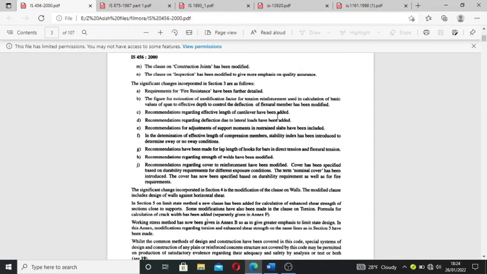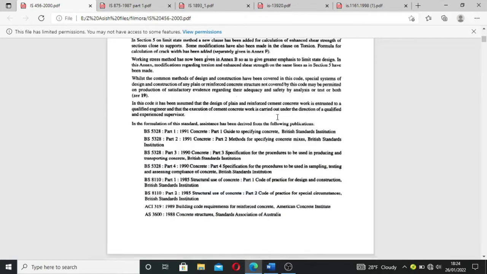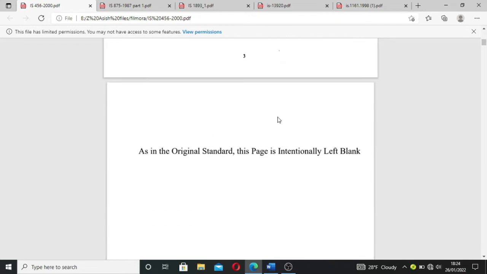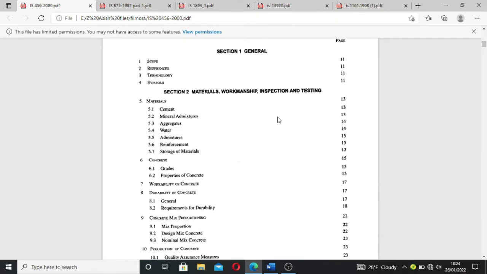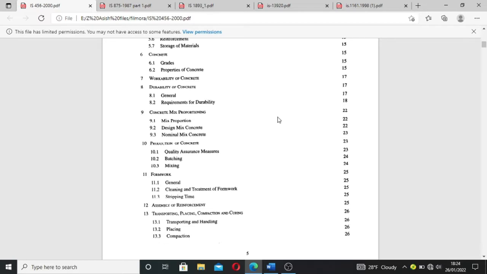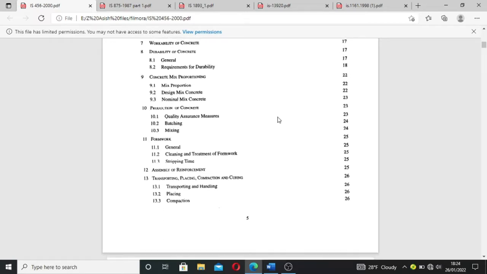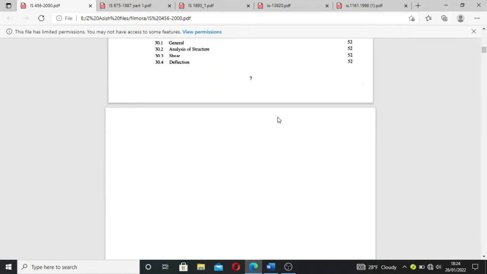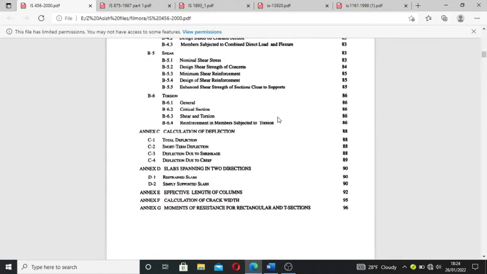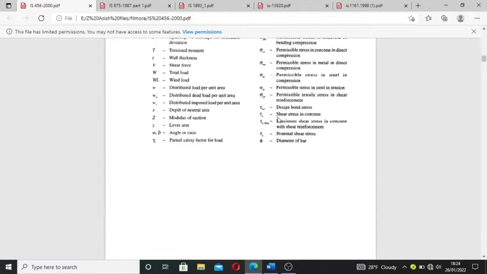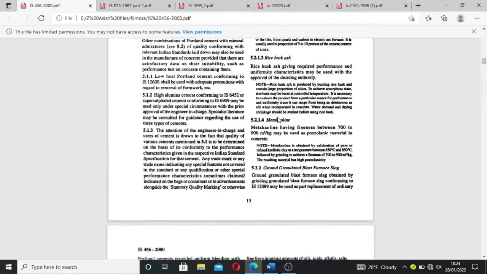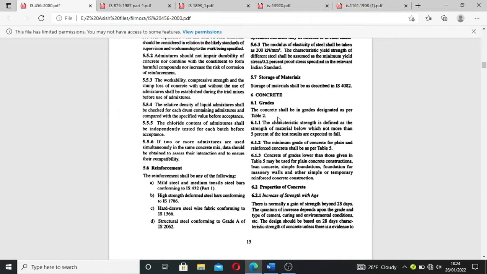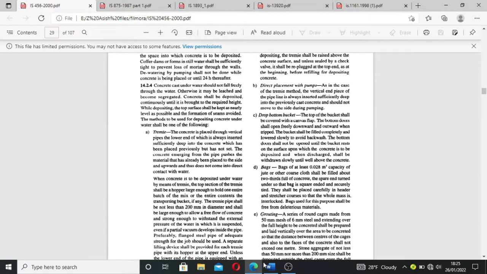During the design and analysis of our structure, those basic values should be remembered. In IS 456 you'll get many values like mix ratio and clear cover. Then there are a lot of other things that we need to consider.